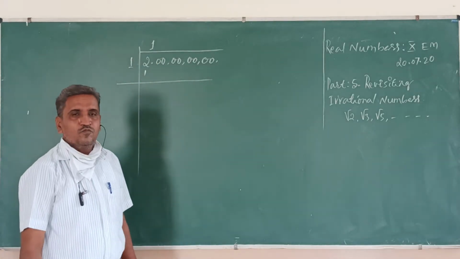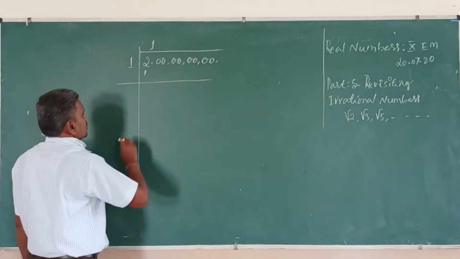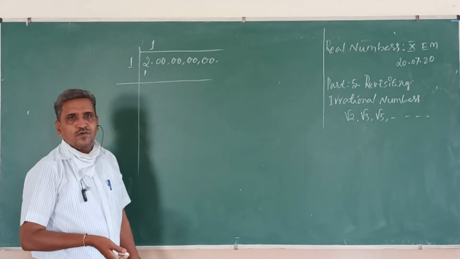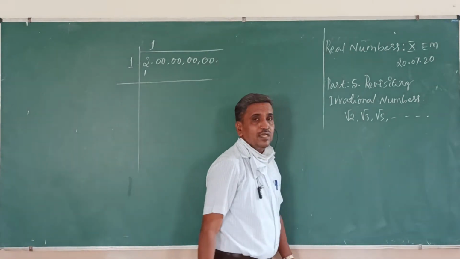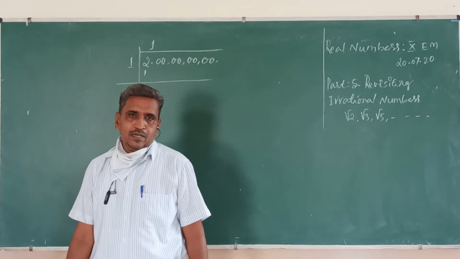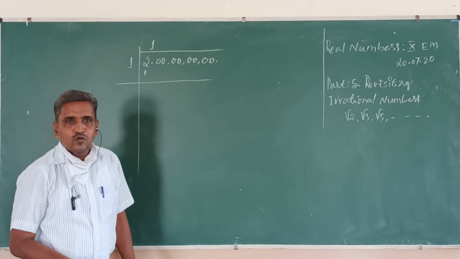That is the method to find the square root by long division, for non-perfect square numbers. Root 2, root 3, root 5 are said to be non-perfect square numbers.